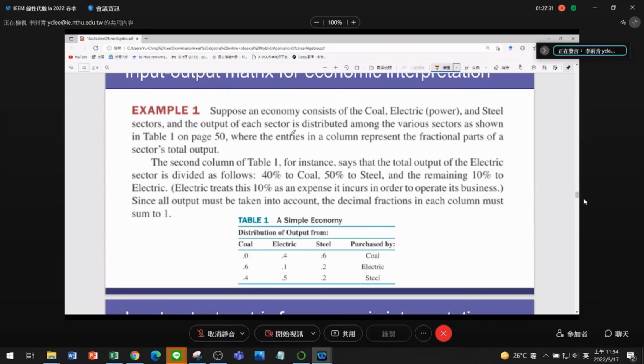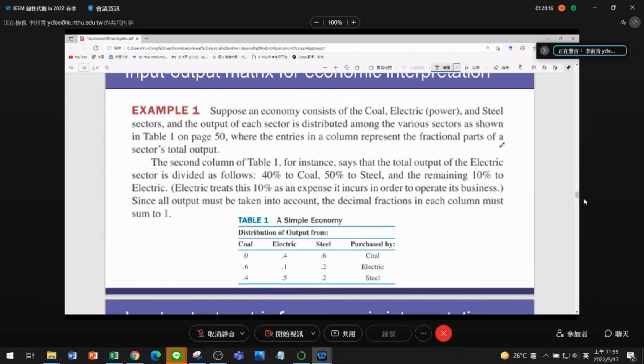To give an economic interpretation and make that interpretation meaningful is the difficult part. The hard part is interpreting the solution and the values in it, and the interpretation must have economic meaning. That is Leontief's contribution: he expressed this with mathematical modeling, computed the solution, and also gave it a very good interpretation. So suppose an economy consists of coal, electric and steel sectors.